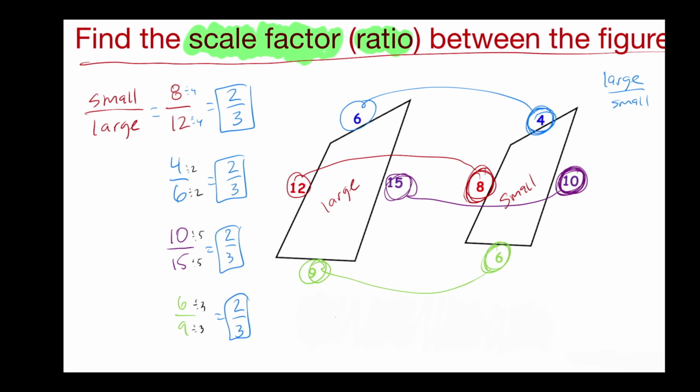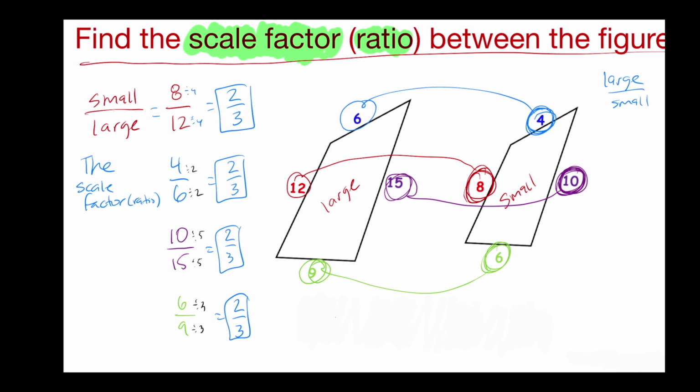So we can say in words, because we chose small to large, the scale factor, which is ratio, right? Which also means the rate that it shrunk or the rate that it grew, whichever way you're going.